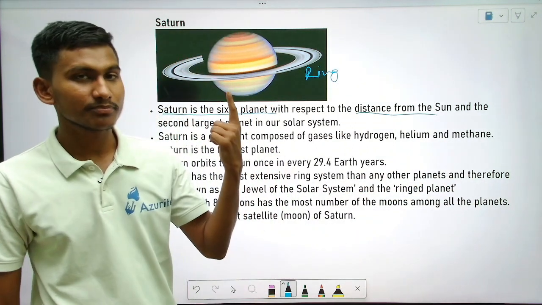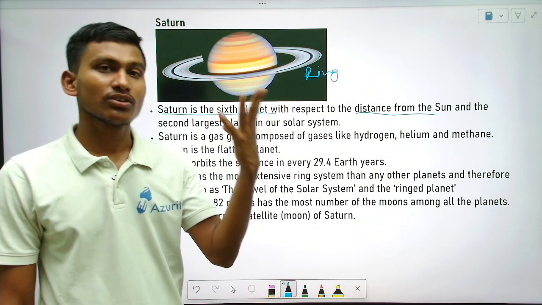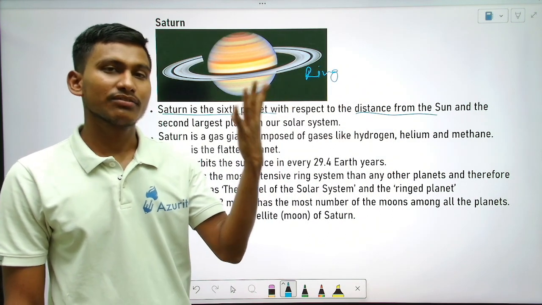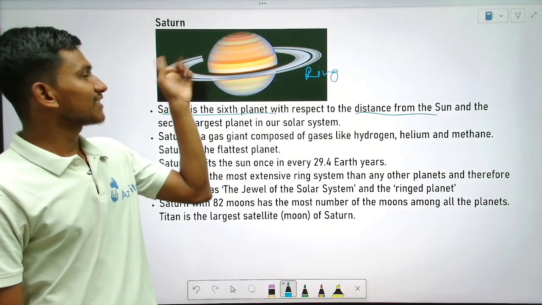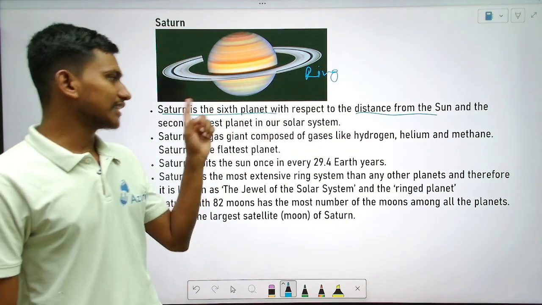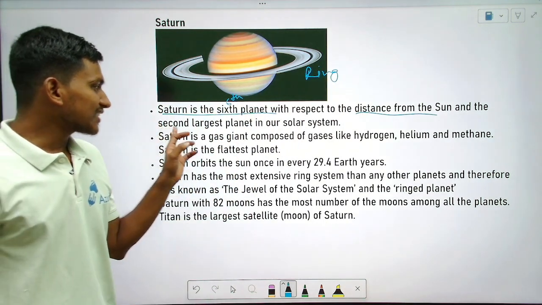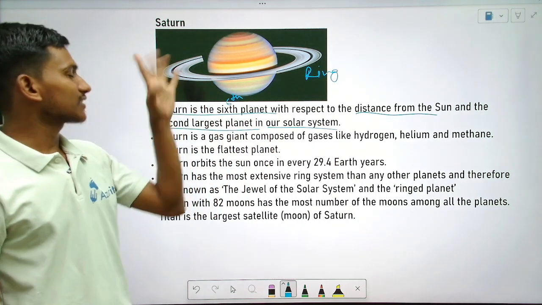First is Mercury, second is Venus, third is Earth, fourth is Mars, fifth is Jupiter, after that is Saturn, the sixth one. It is the second largest in our solar system. First largest is Jupiter, second largest is Saturn.